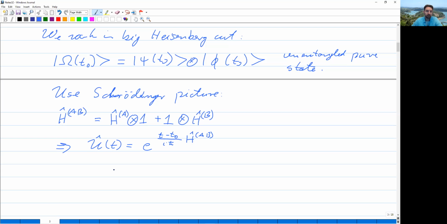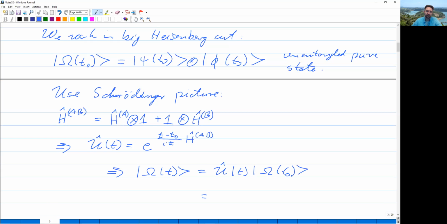Now, from that, we have that the time evolution of our initial state is given by U hat of t acting on omega of t naught.